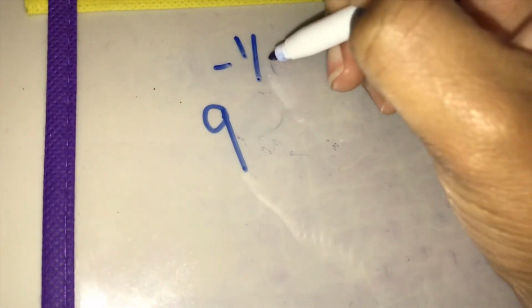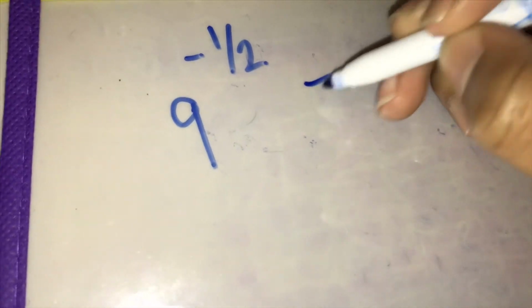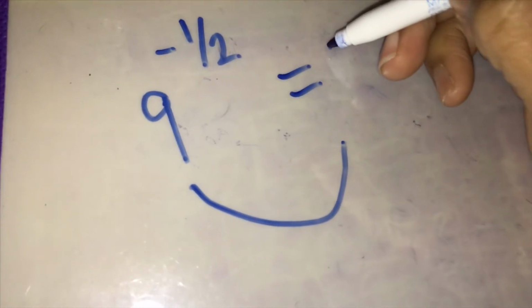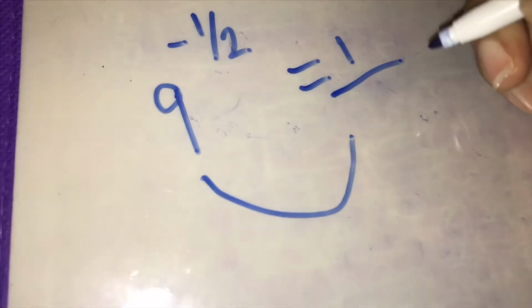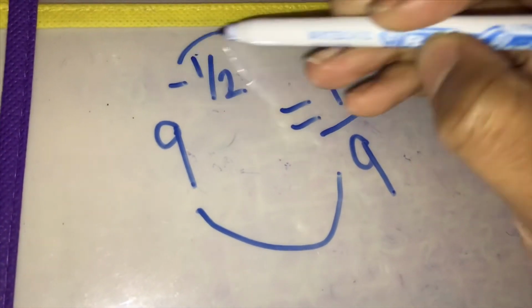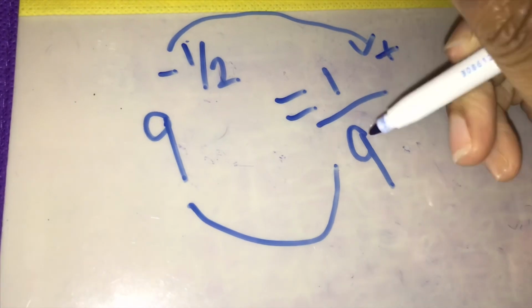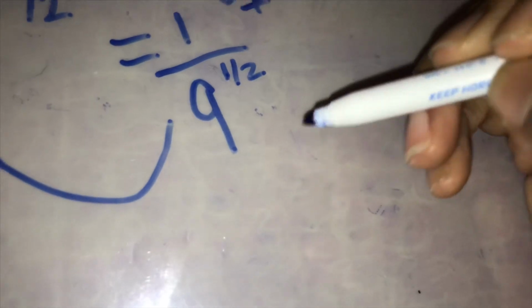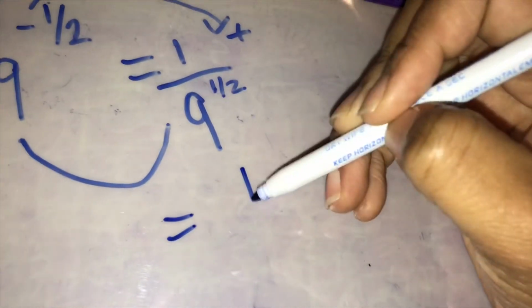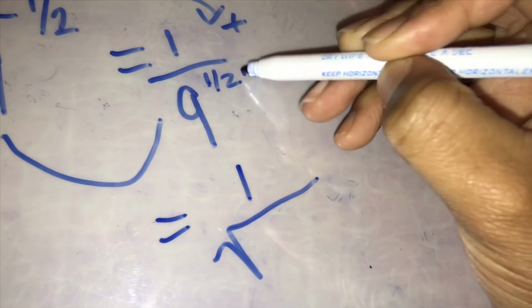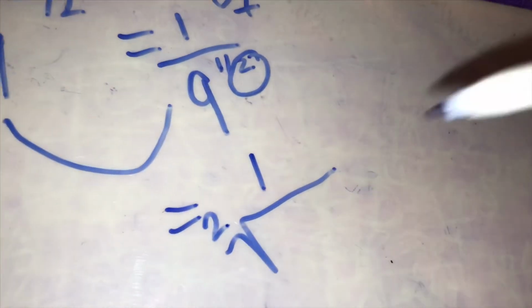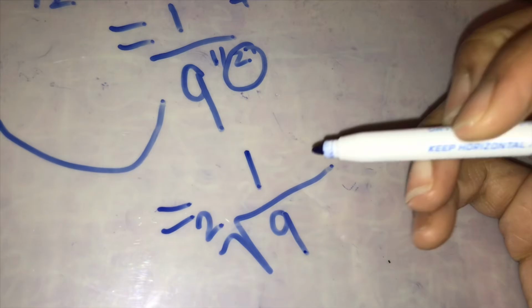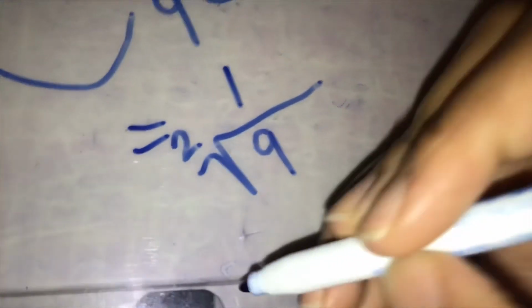Alright, let's try one last one. 9 to the power of minus 1/2. So we've got one 9, so that's going to be 1 on top, with 9 to the power of 1/2, as the minus becomes a plus. Essentially this is asking us to do 1 over the square root of 9.